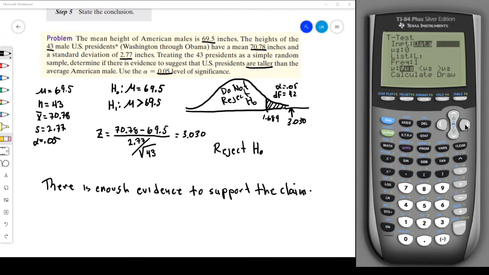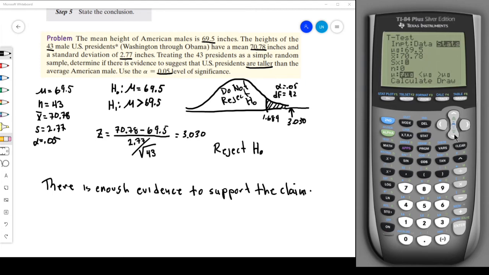So the first thing I'm going to do is go over to stats and highlight that. Now what it's asking me for is the sample mean and the sample standard deviation and the sample size. So we're going to come down here. Mu0 is always your population mean, so 69.5. The sample mean is 70.78.